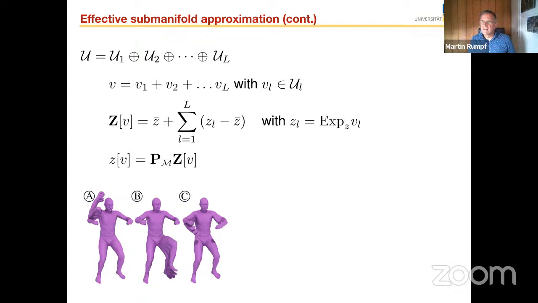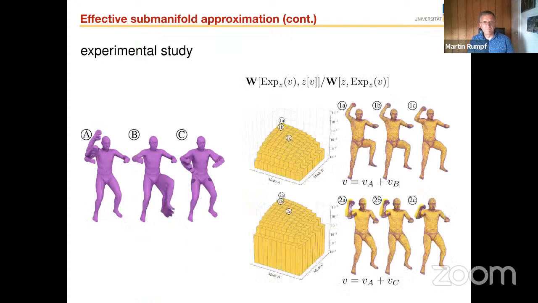And finally, in all our applications, we just jump over this little gap and project the uppercase Z of V onto the implicit manifold. And that gives us our map, little z of V.